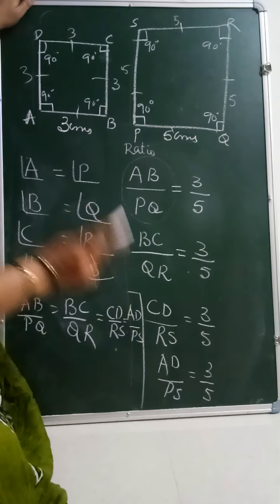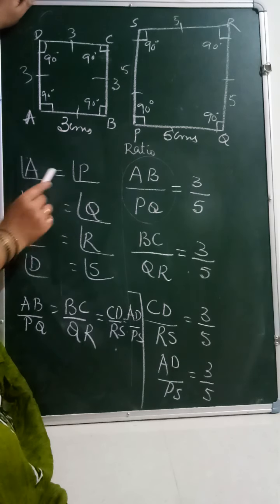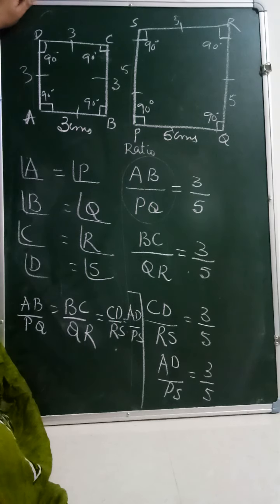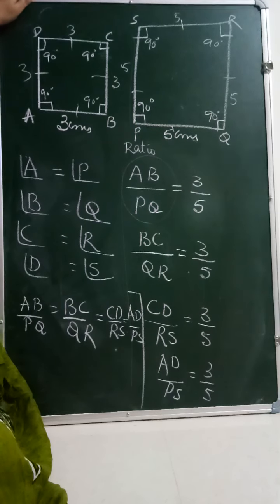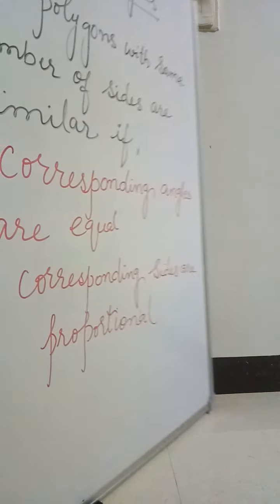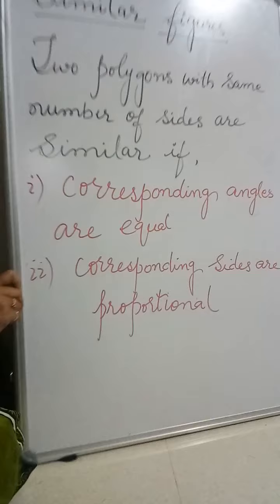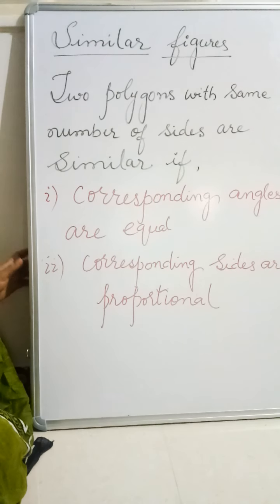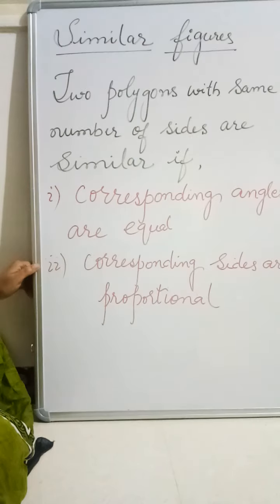Corresponding sides are proportional. Corresponding angles are equal. Therefore, these two squares are similar. So, what are similar? We had considered only squares now. A square has 4 sides. A rectangle has 4 sides.